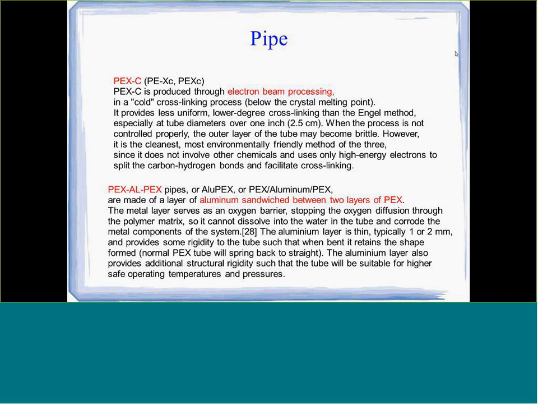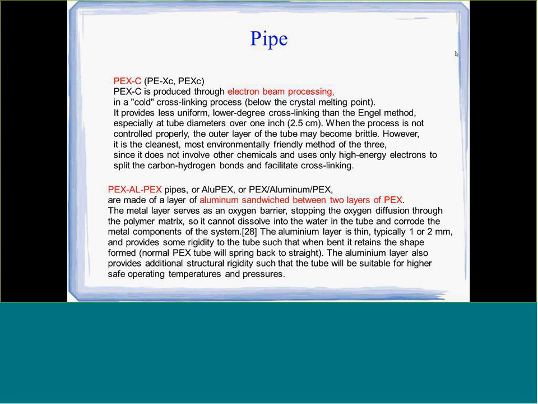We typically see this in pipe diameters above 2 inch. It's an easier process to accomplish. It's an electron beam process where you shoot particles into the pipe and cause it to cross-link through the electrons and the carbon-hydrogen bonds.